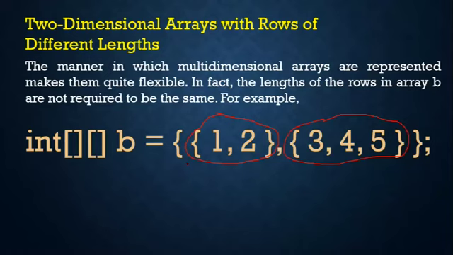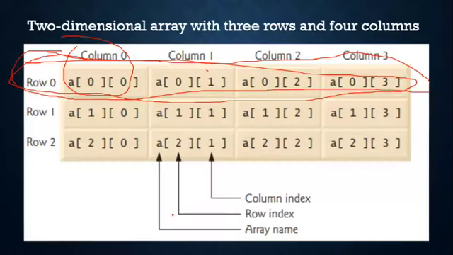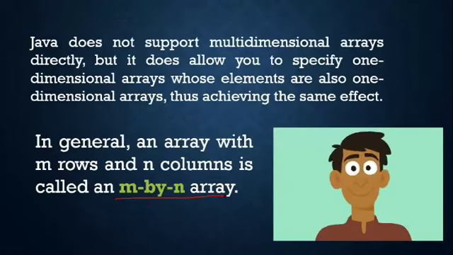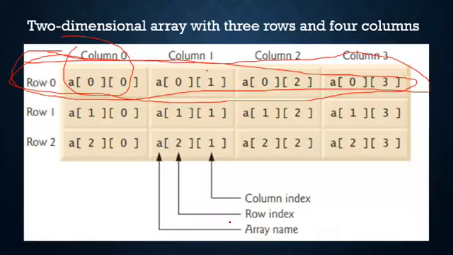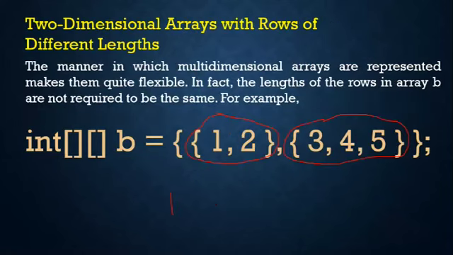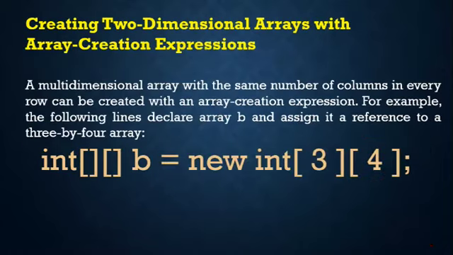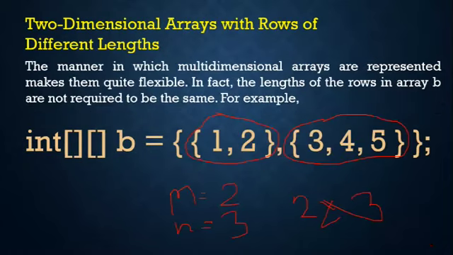The value of our m is 2 and the value of our n is 3, as stated in our statement here, the m by n array. M is for your row and n is for your column. So for this example, m is 2 and n is 3, which means we have a 2 by 3 array. Remember that, okay? Any questions?